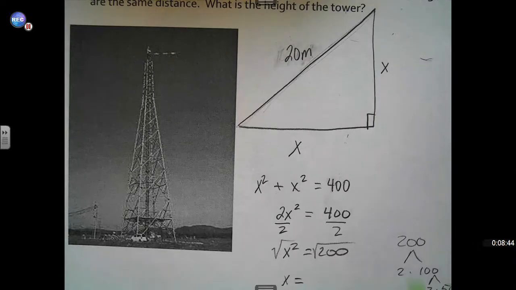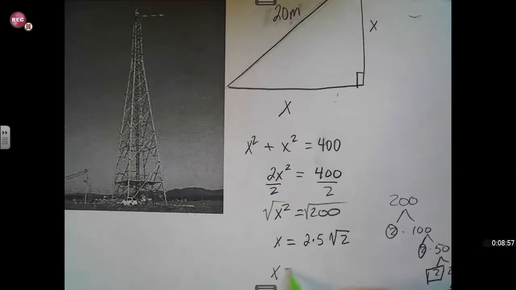A 2 can come out and a 5 can come out, and there's a 2 left. And so the height of the tower is 10 square root 2 meters tall. All right.